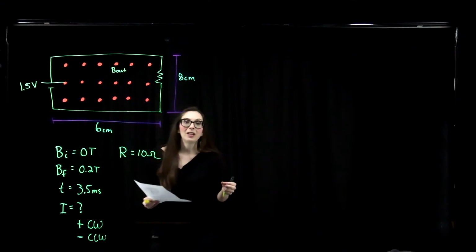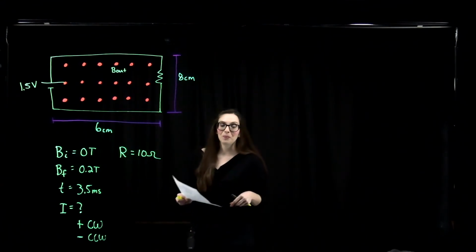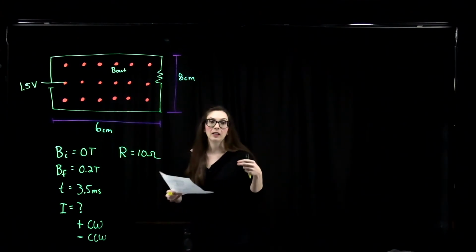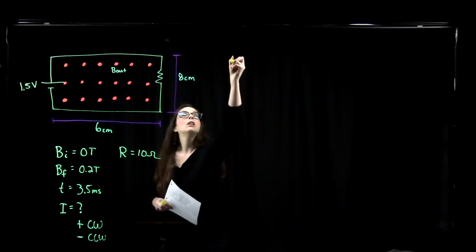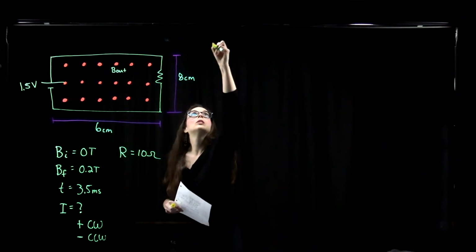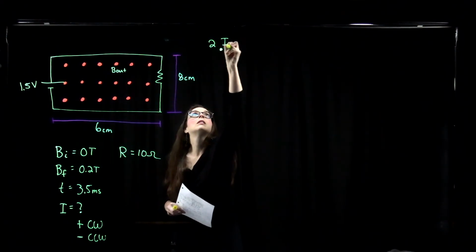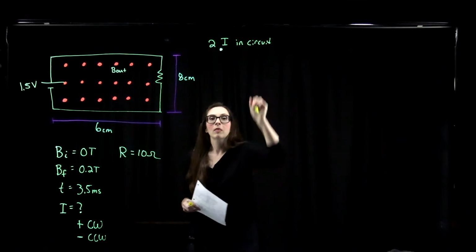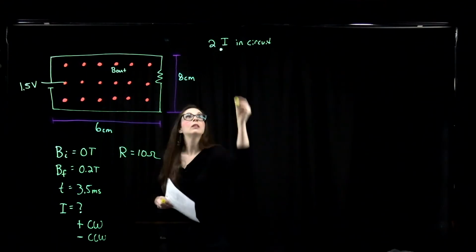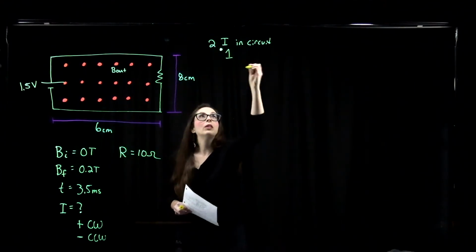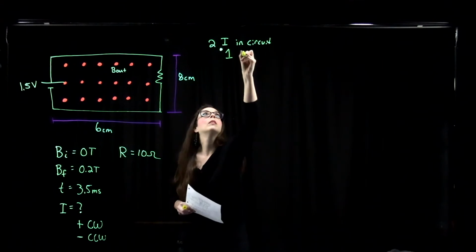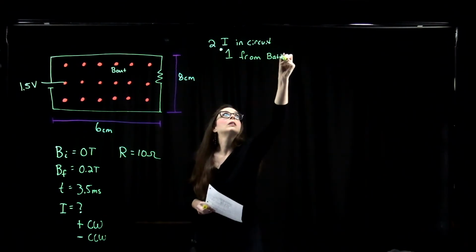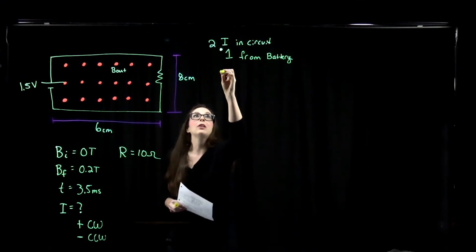So what is the strategy to solve this problem? There are actually two currents acting in this circuit. One of those currents is coming from the EMF supplied by the battery.